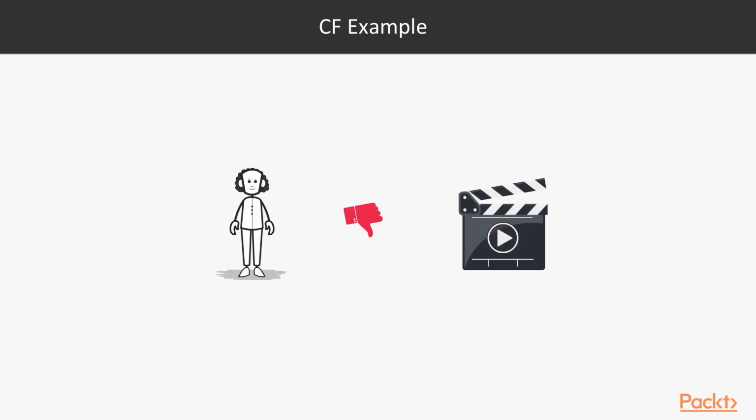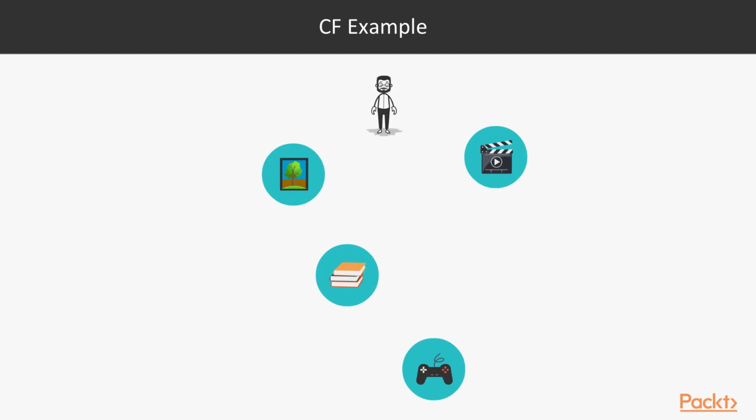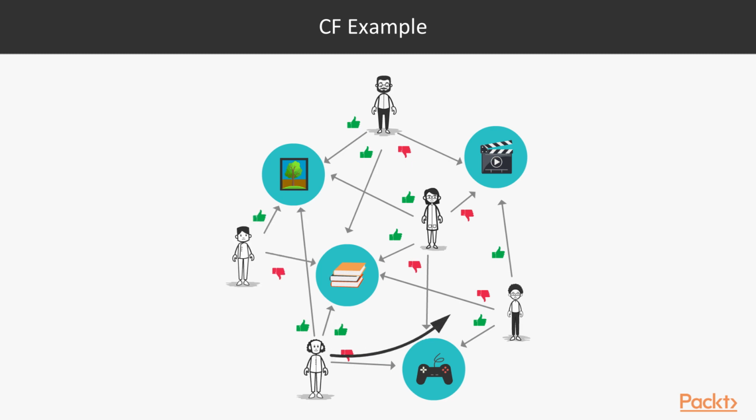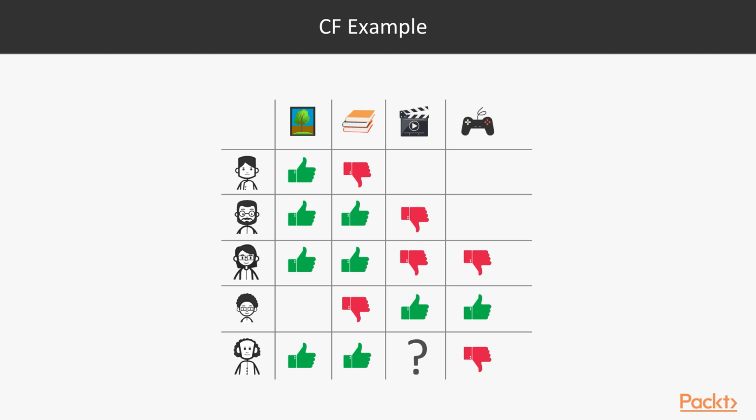After that, the system makes predictions about the user rating for an item which the user hasn't rated yet. These predictions are built upon the existing ratings of other users who have similar ratings to the active user. In our case, the system has predicted that the active user won't like the video.